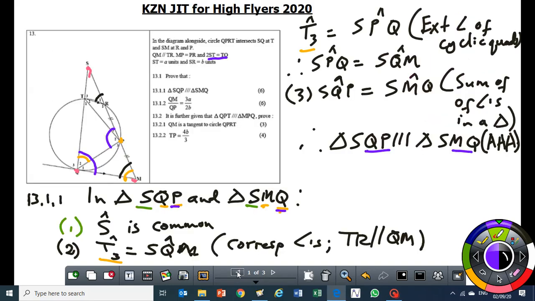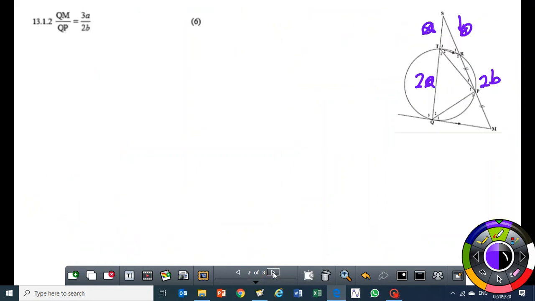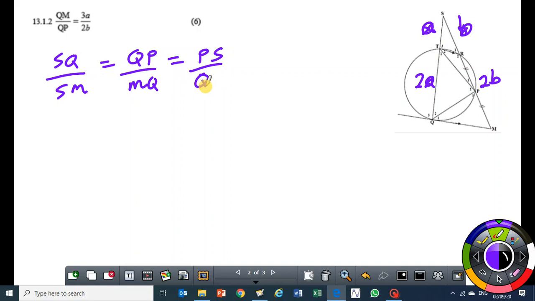So from here, it will just help me to write the ratios because I don't want to continue going back. From similar triangles, what are the ratios? 3 ratios. SQ over QP over MQ, TS over QS. Right.